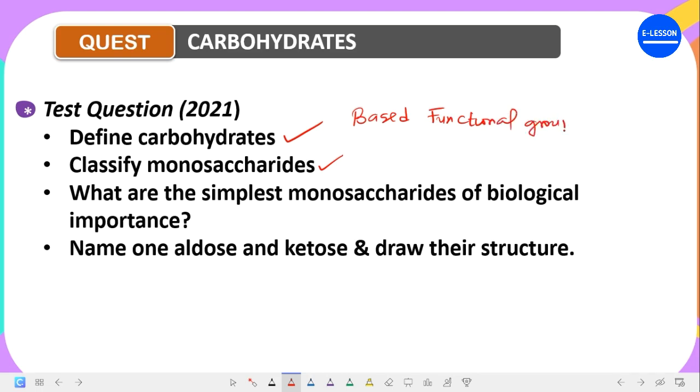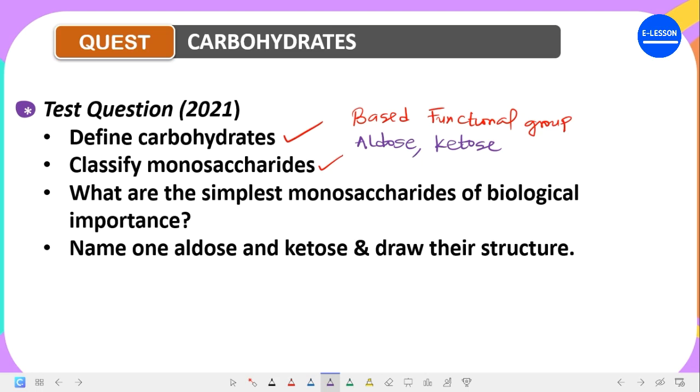Under this, we have the aldose and then we have the ketose. Of course, you know the aldoses are those that have the aldehyde functional group, and the ketoses are those that have the ketone functional group.